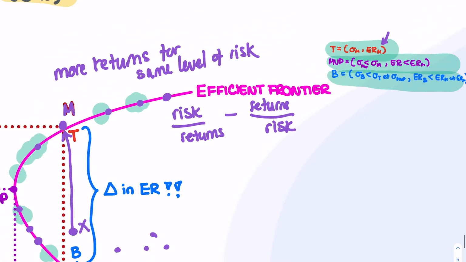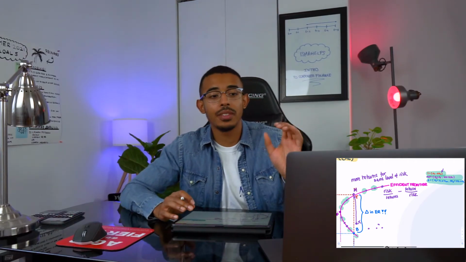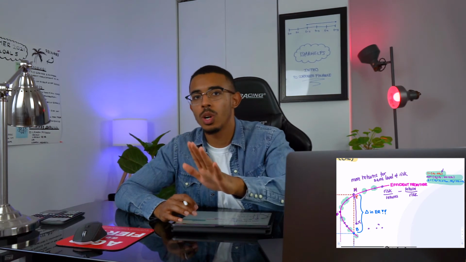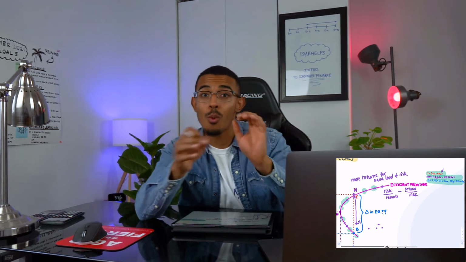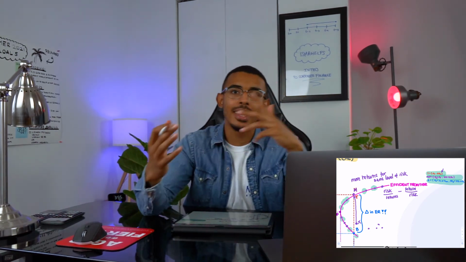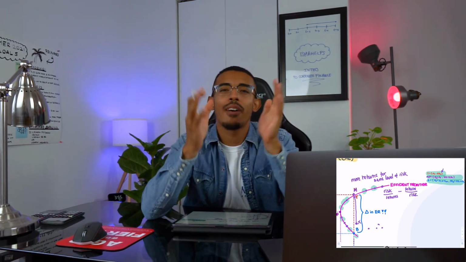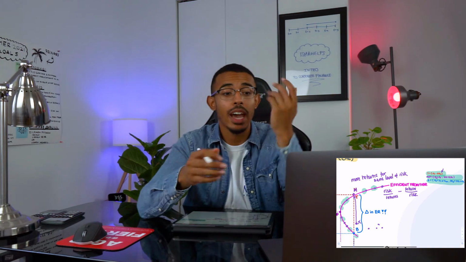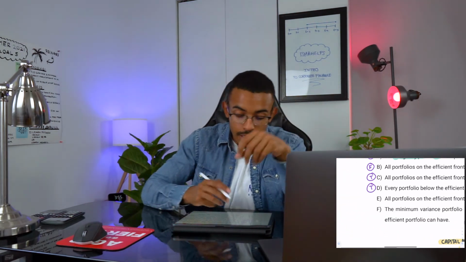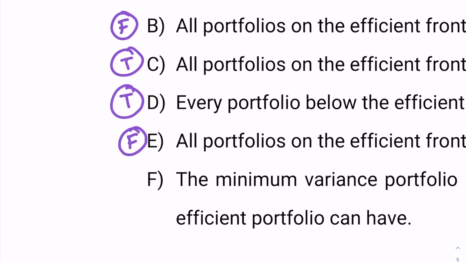Therefore, it's totally false to say that they will all have the same variance to return ratio. That's not the case because every single one of these points has a different combination of variance to returns. So it's impossible for them to have the same ratio. And for that reason, E must be false.